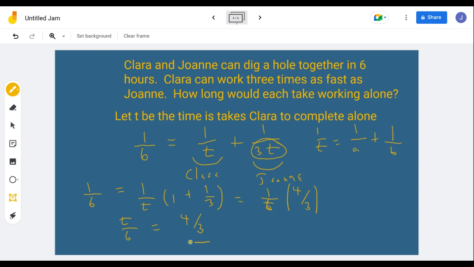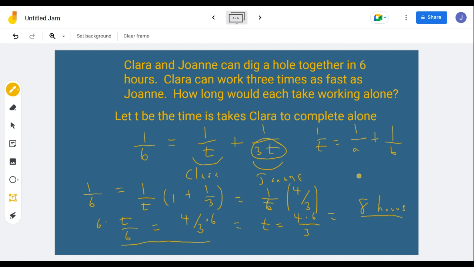So how would I solve this for t? Well, multiply both sides by 6. And I get t is 4 times 6 divided by 3, which is 8 hours.